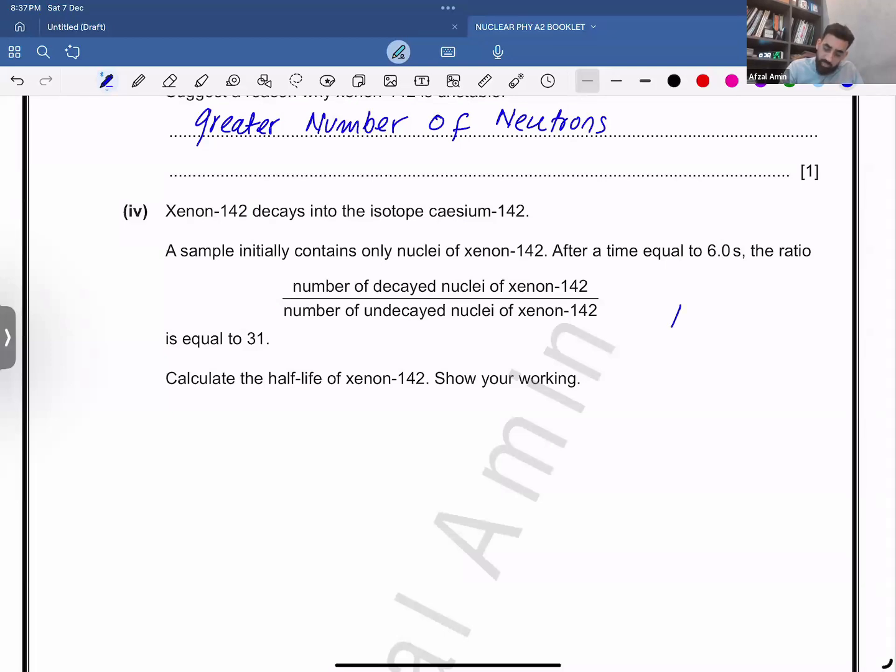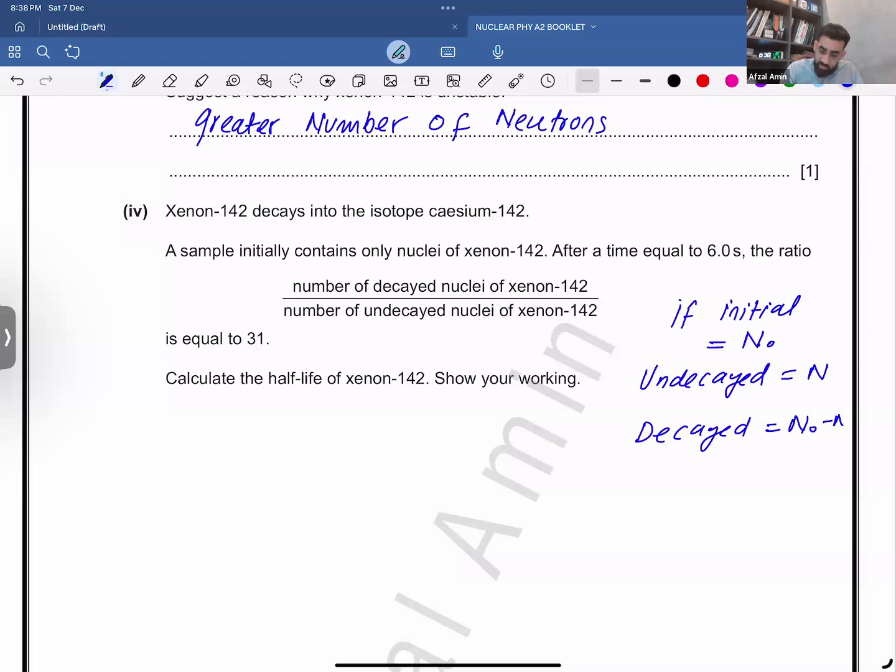Okay. So if the initial number was N naught, and the undecayed, meaning remaining, we say N, yes? So how many are decayed then?